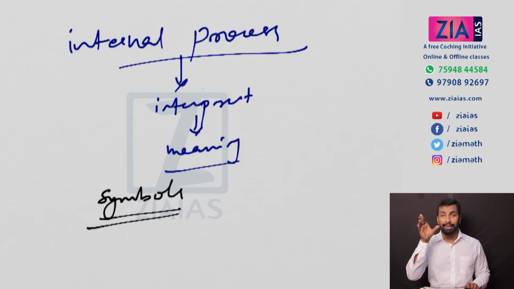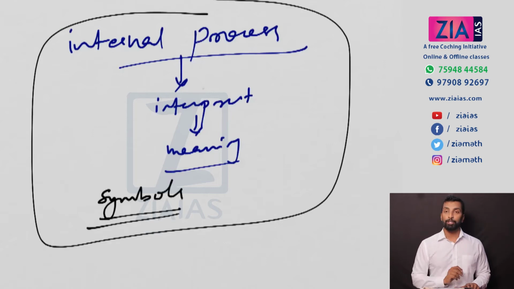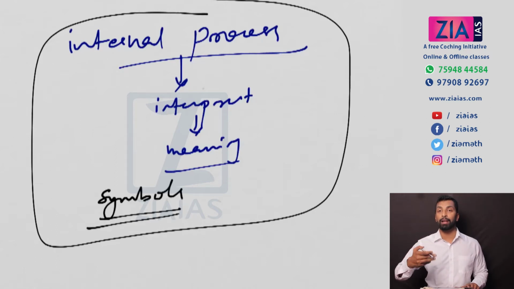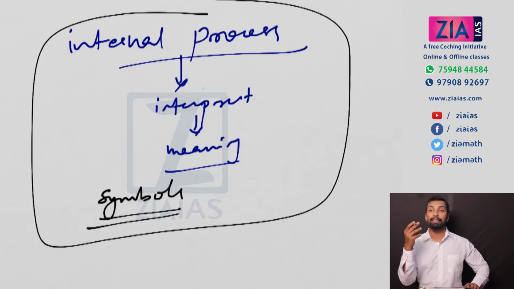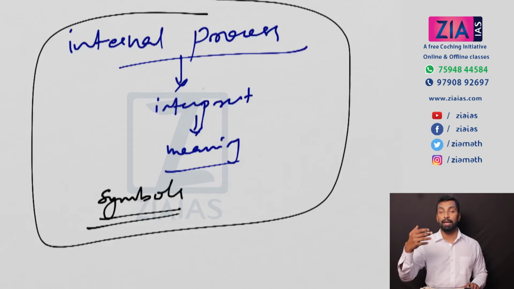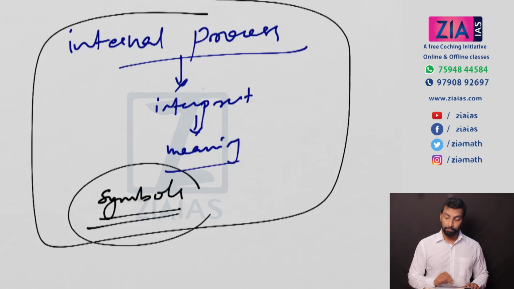So all these things in detail we will be discussing in G.H. Mead's lecture later, but here I am just giving you everything of G.H. Mead in one paragraph. So there are certain internal processes through which you interpret the world around you and give meaning to your own life, and these meanings are built up, reinforced and modified through the interaction that takes place with your peer group, parents, teachers, etc. And the interaction is done through symbols.